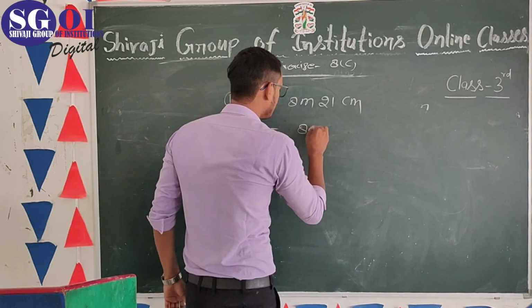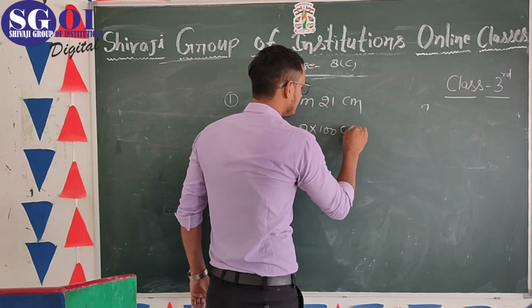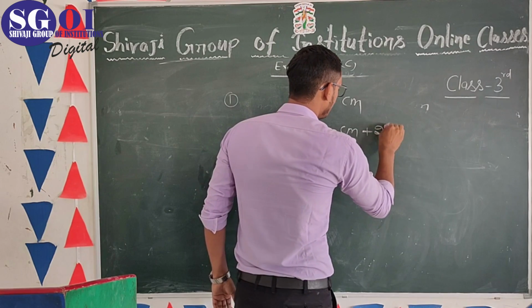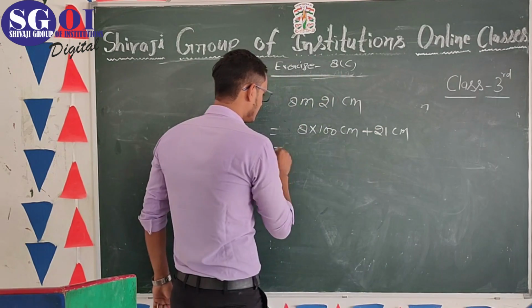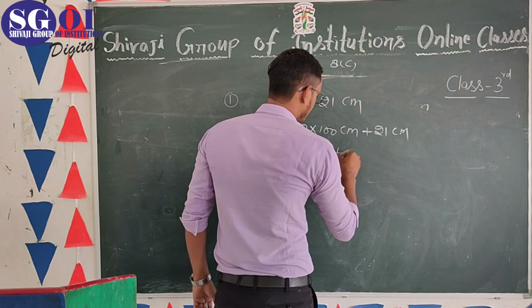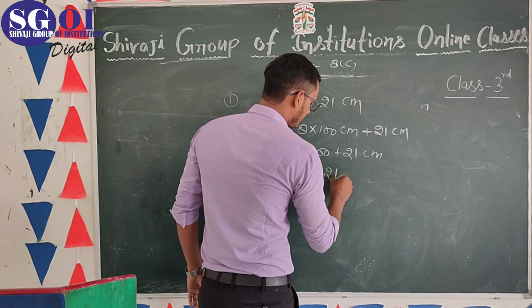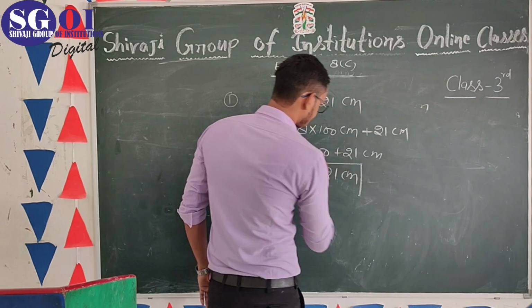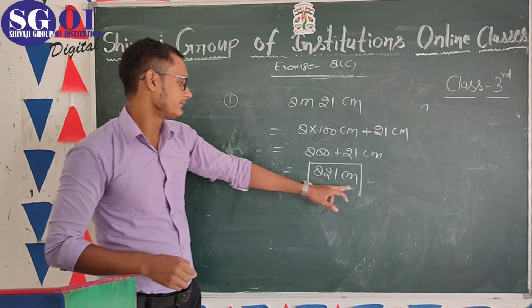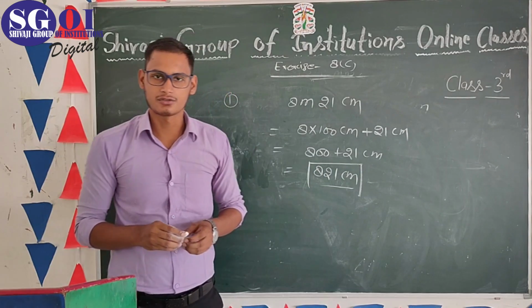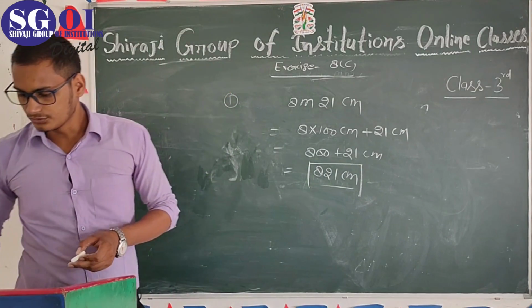So 8 meter is equal to 8 into 100 centimeter plus 21 centimeter, which is equal to 800 plus 21 centimeter, which is equal to 821 centimeter. Understood?